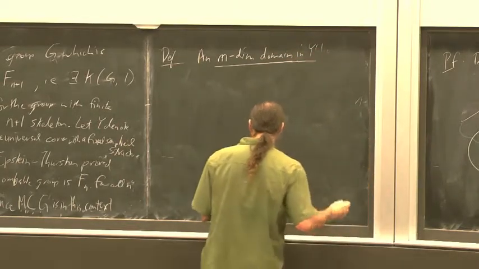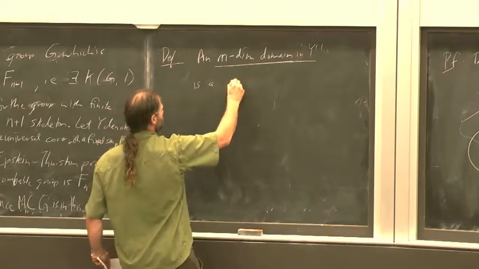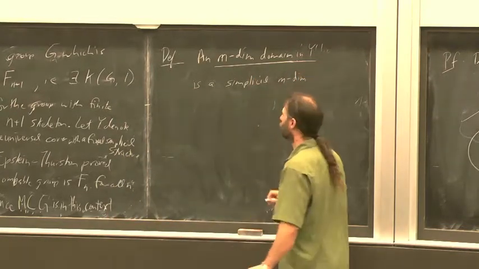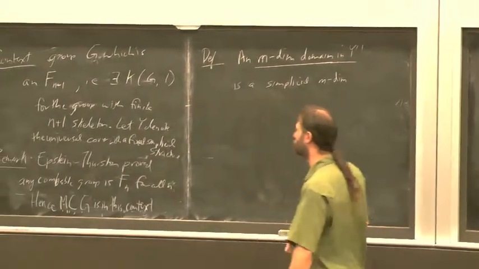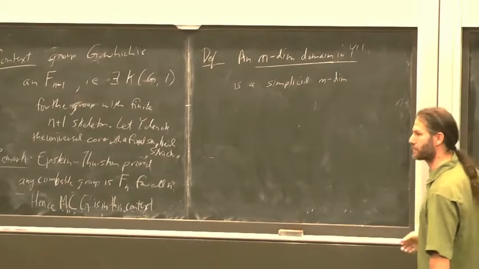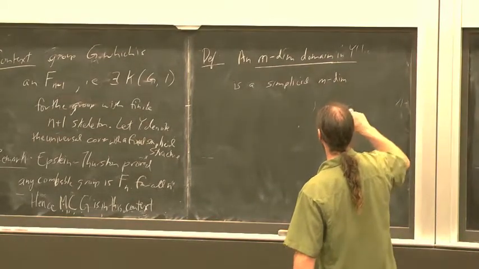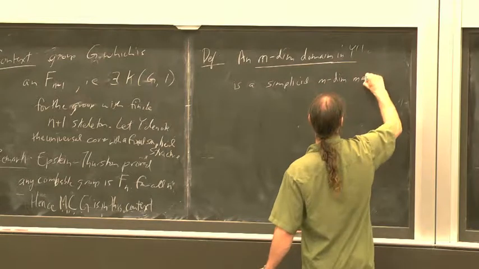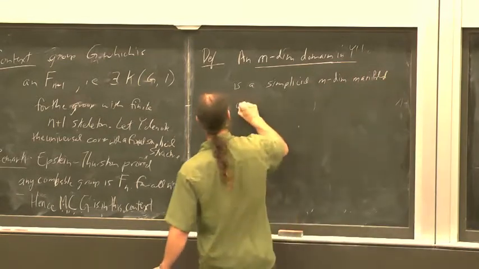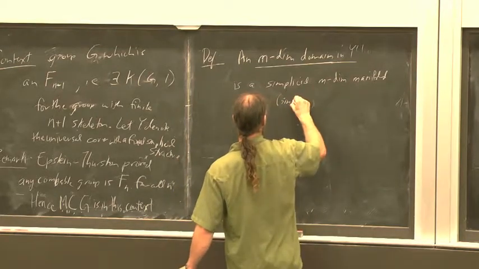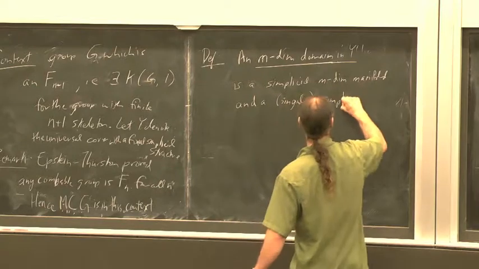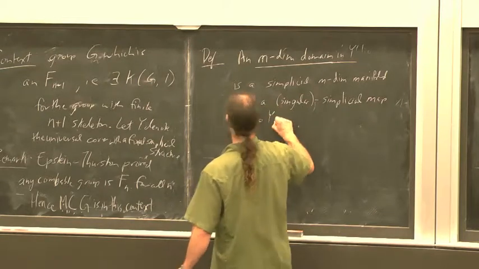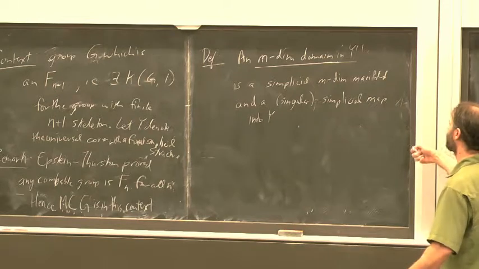An m-dimensional domain in Y is a pair: some arbitrary simplicial m-dimensional manifold, and a singular simplicial map into Y. Okay, so it has its own simplicial structure, and then it's being mapped into the space Y.